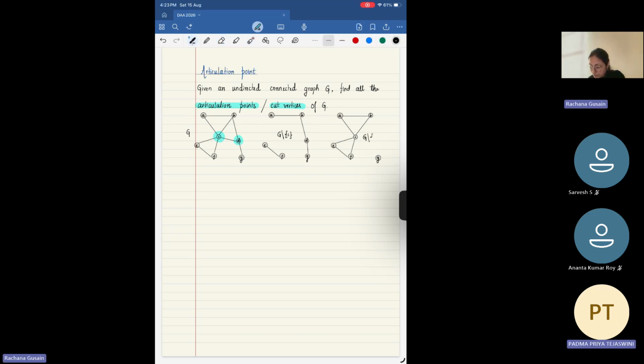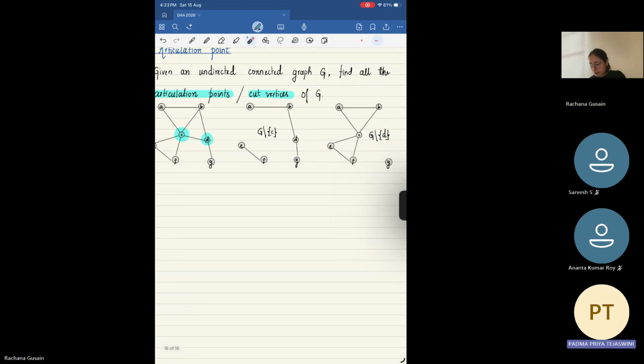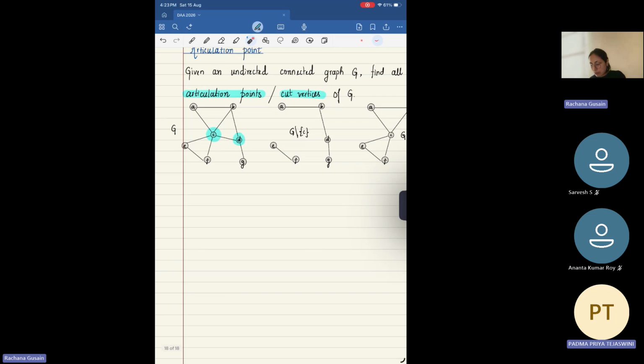Ma'am, we shouldn't represent both removing C and D at a time. In that graph G, we can remove both C and D at a time and draw the graph. No. There is something called two-connectedness, three-connectedness, where you want to simultaneously remove a set of vertices. Here, our goal is to find a cut vertex.